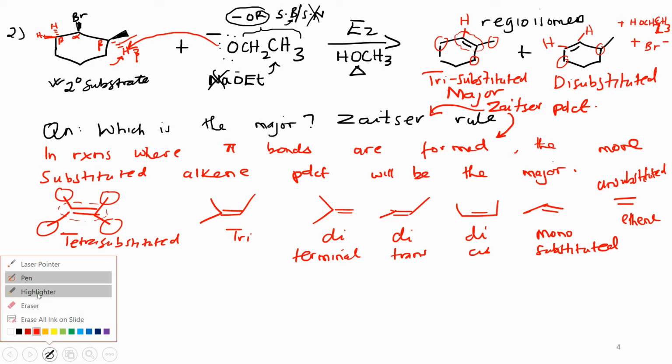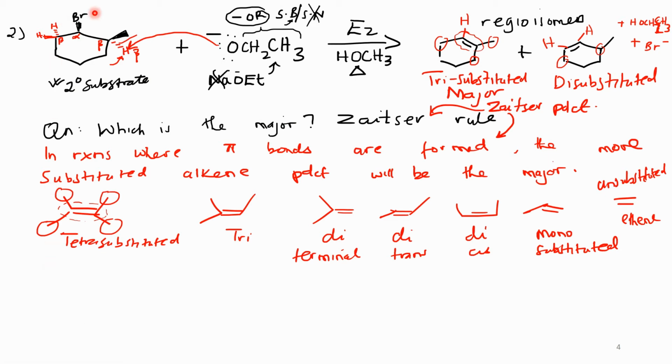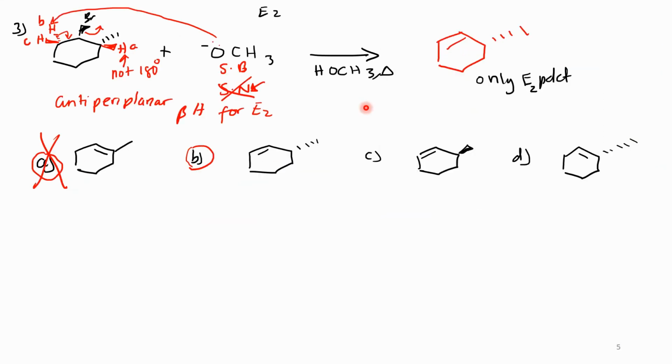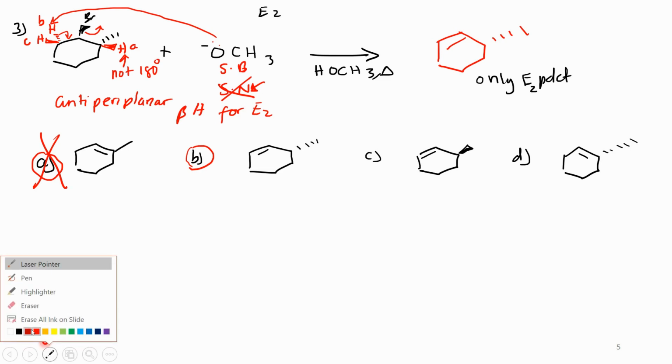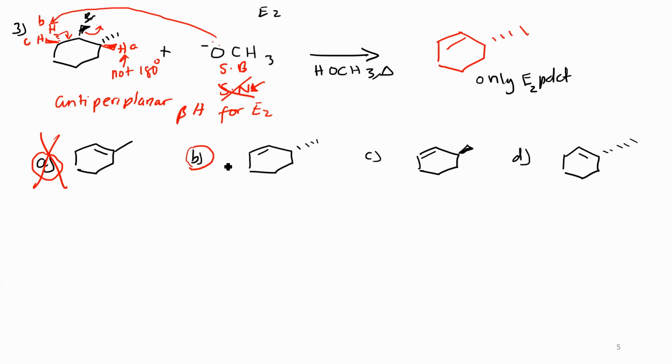That's why we would have preferred to take it out, because that will give us the Zaitsev product. But here, it's not in the right orientation, so there's no way we should take it out. E2 will not do that. The base will go for the one that's 180 degrees apart. Is that clear? Do you have a question for whoever thought otherwise?